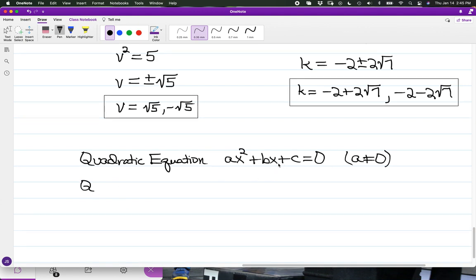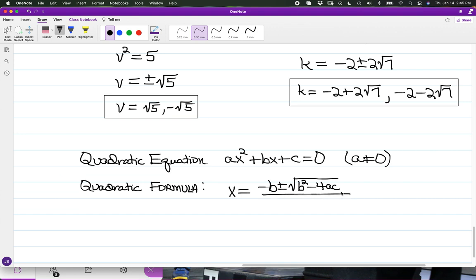From the standard form of the quadratic equation, the outcomes would be what you would have in the development of the quadratic formula. For the quadratic formula, x is equal to negative b plus or minus the square root of b squared minus 4ac, all over 2a.